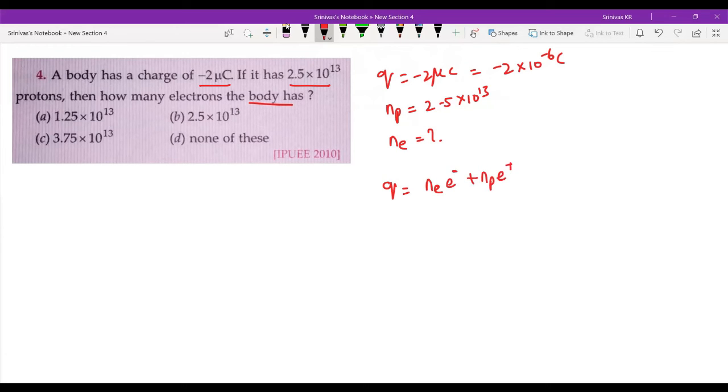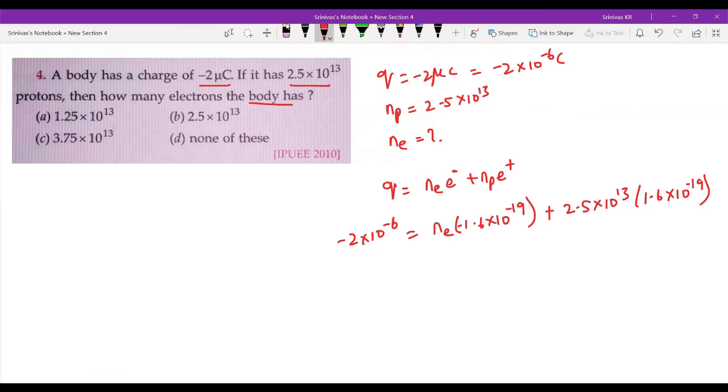So let us substitute in this, we'll get the answer here. q is minus 2 into 10 to the power of minus 6 is equal to ne, we have to find out, e is how much, 1 minus 1.6 into 10 to the power of minus 19 plus 2.5 into 10 to the power of 13 into 1.6 into 10 to the power of minus 19.